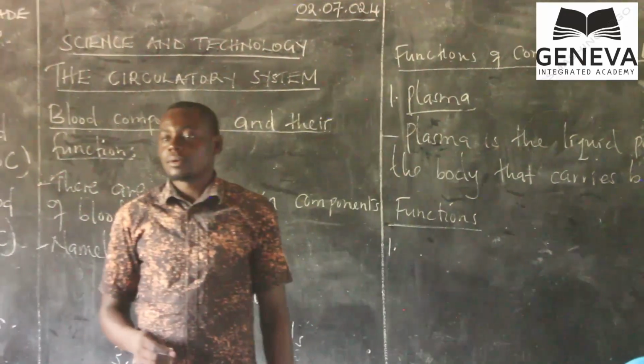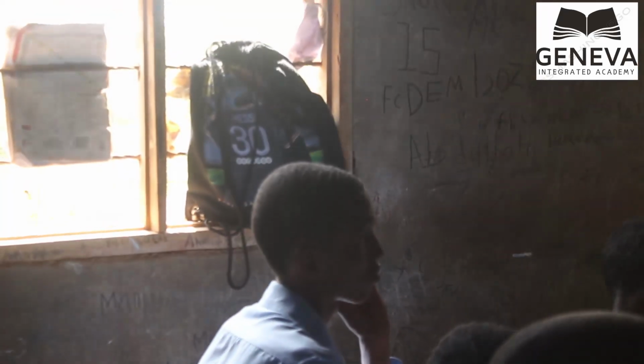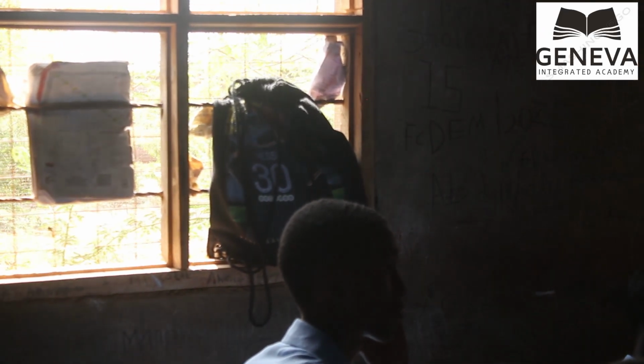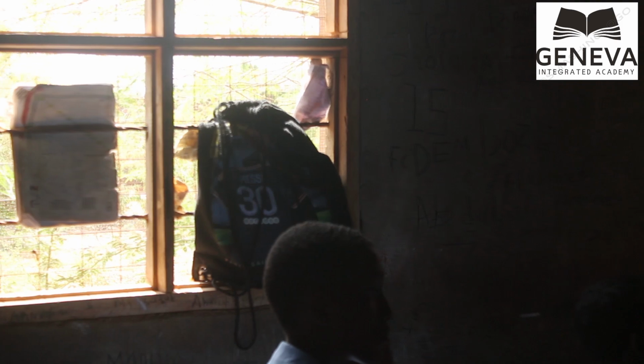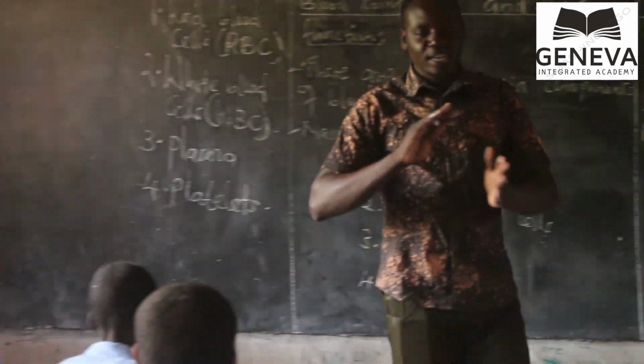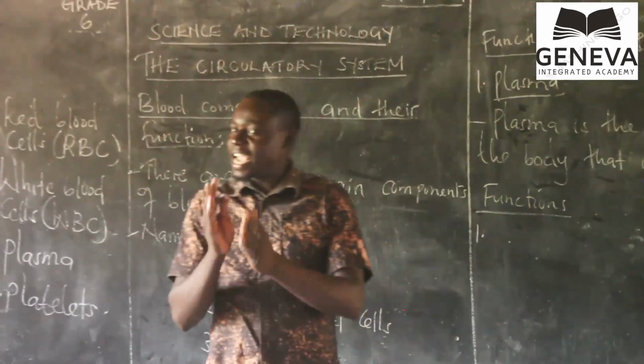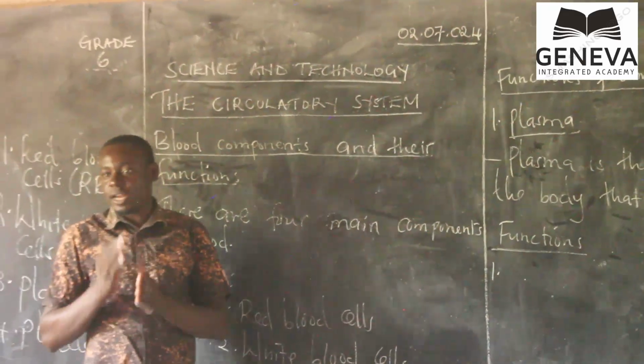Number 1. Transport heat and blood from all of the body. That statement is somewhat correct, but in English, the arrangement of the words, can somebody correct that statement?